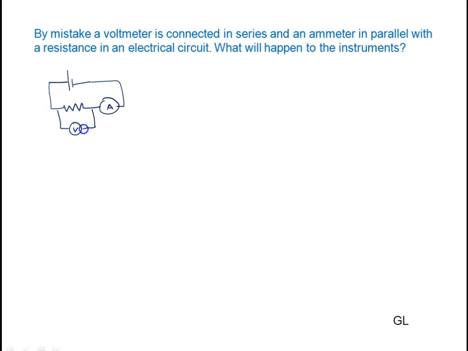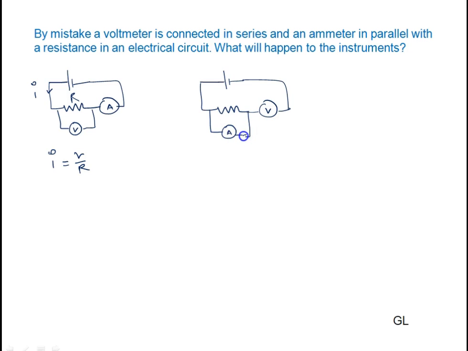Okay, and here any current comes I, this resistance is R, and we generally say I equal to V by R. Is it okay? Now, by mistake what you people are doing, the same circuit is there, but in place of the ammeter you are putting the voltmeter, and in place of the voltmeter you are putting the ammeter.